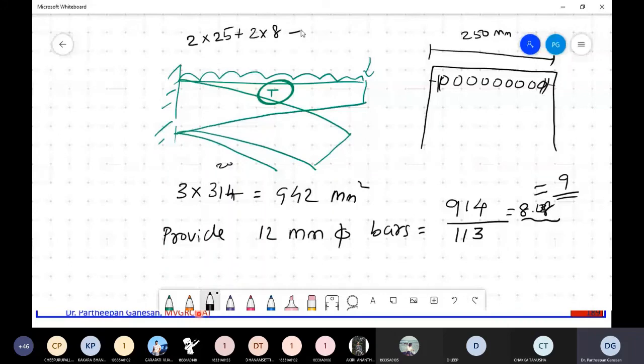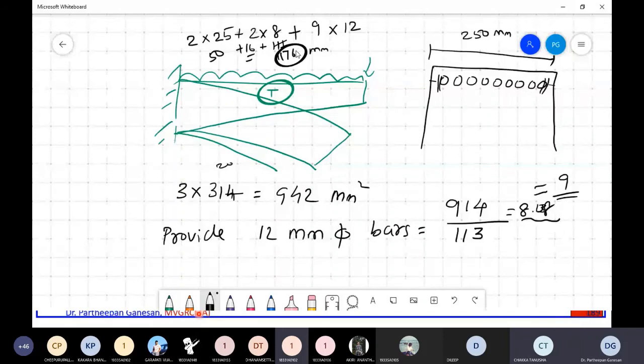Plus I have 9 number of 12 mm bars, that is 108. Adding these up, 174 is already occupied.